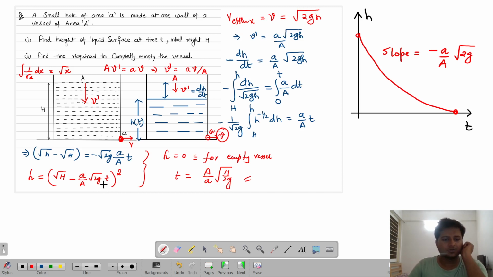So if I write the slope, m is what? y by x. So I'll have to multiply with height over there. So root under twice g h. So this is my slope of the graph, which is dh by dt. We call it as, this is nothing but dh by dt. Complete. Is that clear? Totally done?